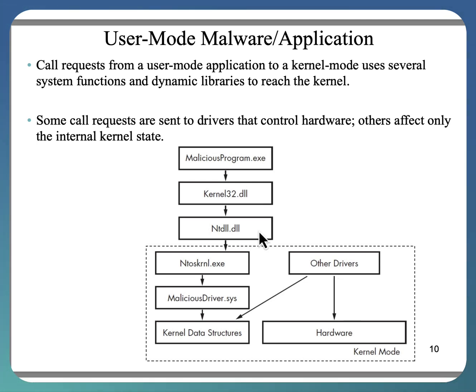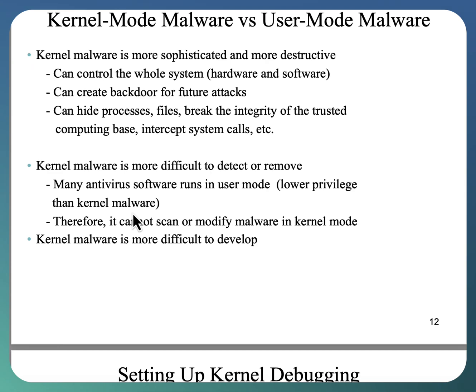So they can steal files, they can install a backdoor, they can cipher a file, but they are not going to directly affect your hardware. And like I said, since this is the most common type, that's what we're going to focus on.